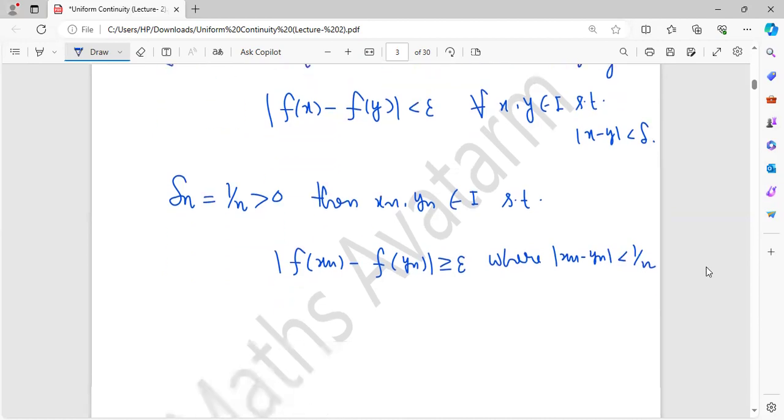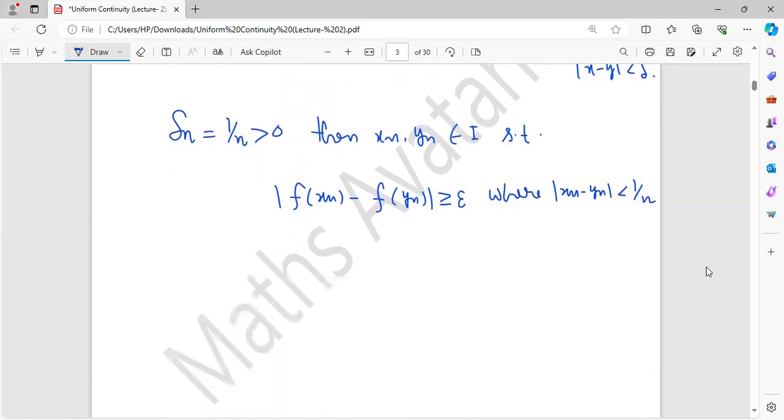Okay. So take this sequence and this sequence in I, and they have this property. When n tends to infinity, this will go to 0.